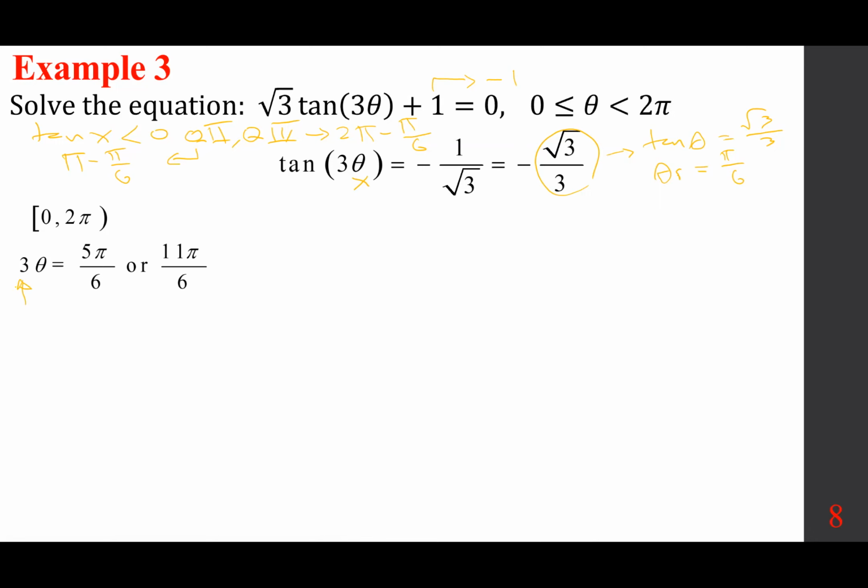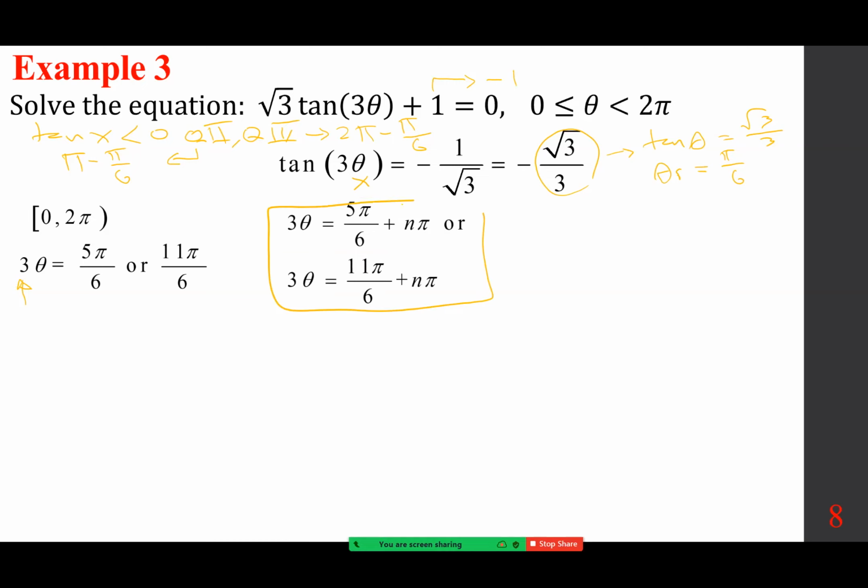If it was sine and cosine, we would add 2k pi or 2n pi. If it's tangent or cotangent, we just add n pi. This is the technique, everybody. Anytime you have a multiple angle like 2 theta, 3 theta, or 5 theta, whatever the case might be.